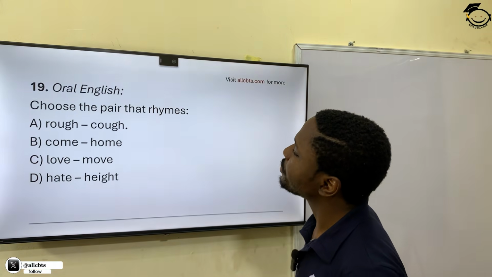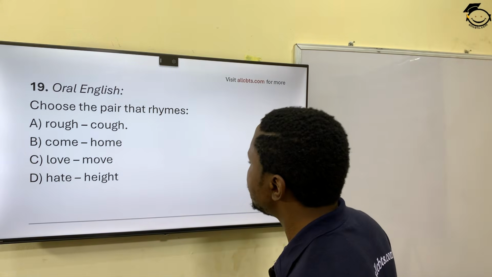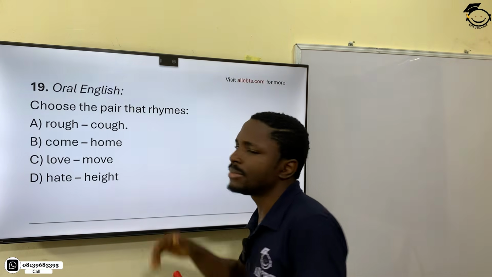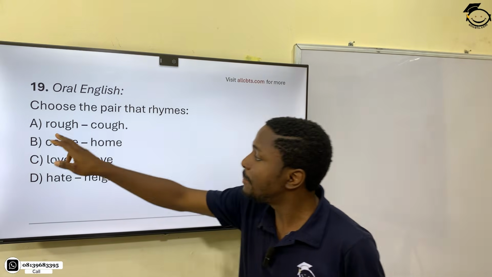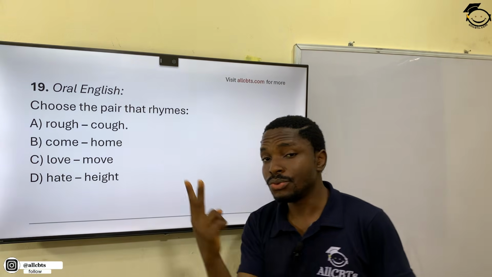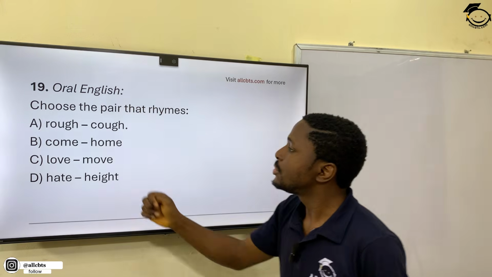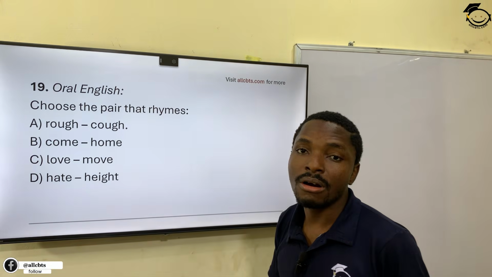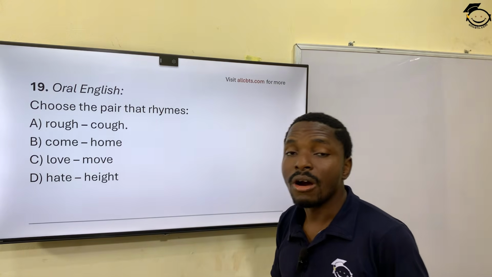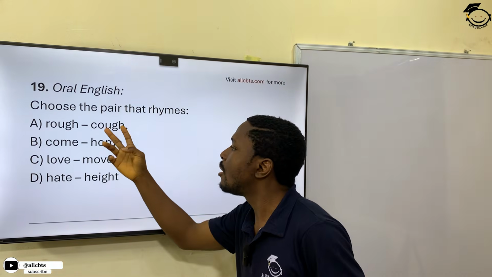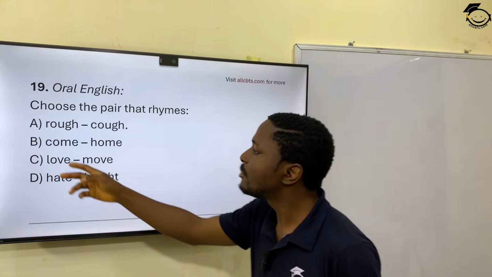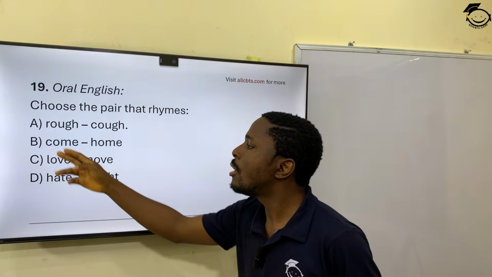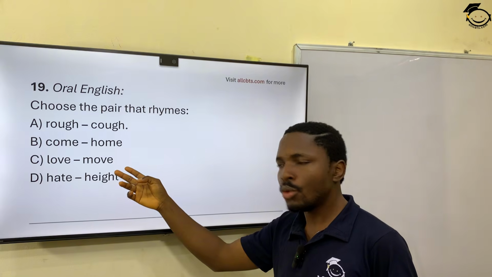Question 19 now. Oral English. Choose the pair that rhymes. A pair means two. So choose the pair that rhymes. We have rough, cough. So rough, cough is correct. Then we have come, boom, or who, boom.